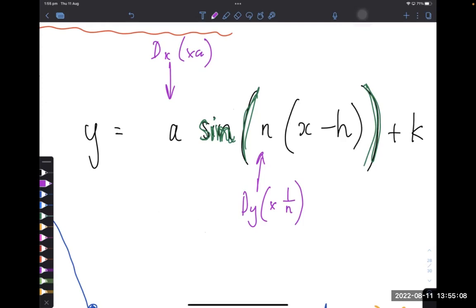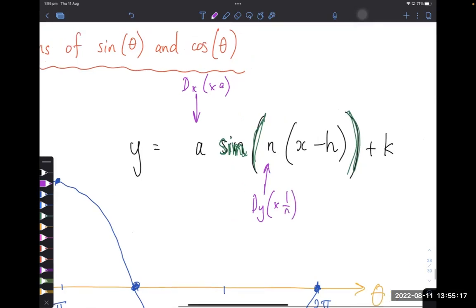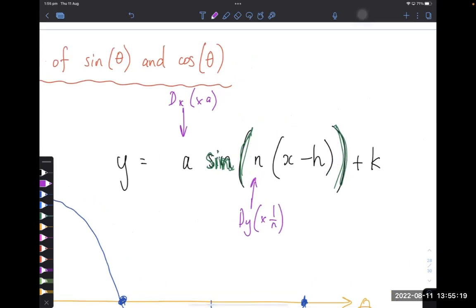I'll go back to the basics here. Remember that this is the image, yes? The image is equal to, so x dash was equal to n times x minus h, because it's the image equation, right? This here is the image compared to the original.